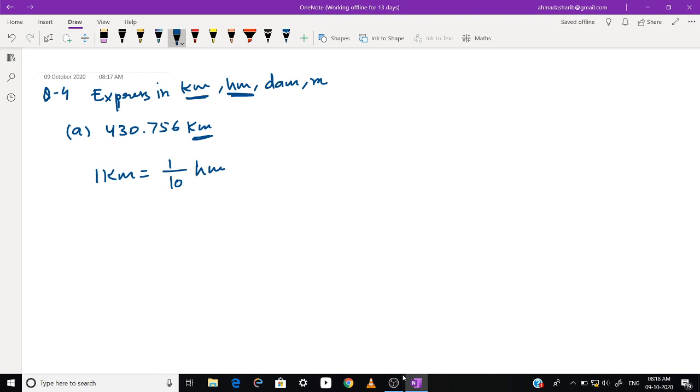Okay, sorry, this relation is wrong. 1 kilometer is equal to 10 hectometer, because in the staircase, if you look at this closely, first there is kilometer and then there is hectometer, and when you come downstairs, you have to actually multiply. So we can say 1 kilometer is equal to 10 hectometer, because kilometer is a bigger unit than hectometer.